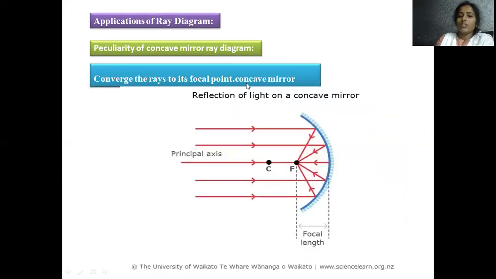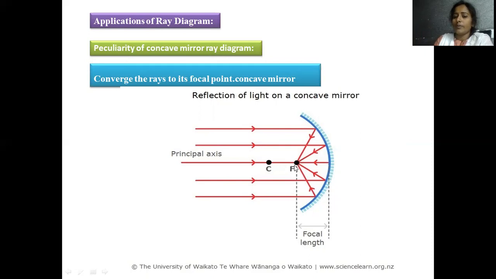Let us move on to another application, another condition. Now the condition here is that we are going to converge all the reflected light at the focal point. What will be the inference you are going to draw from this? The object is placed in any region, but here parallel light rays fall on this curvature called a concave mirror, are reflected back, and all converge, combining at a particular point.